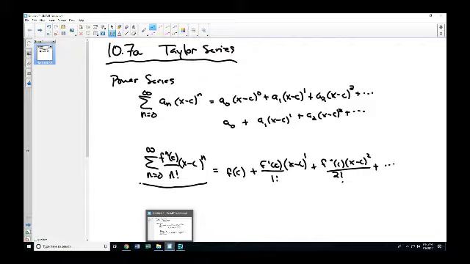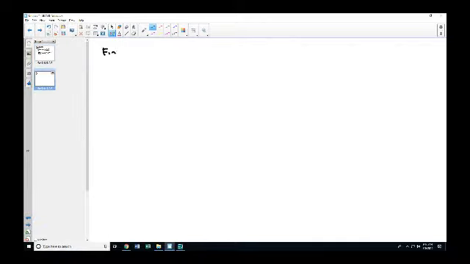Okay, so let's find the Taylor series for x to the negative third, centered at c equals 1.